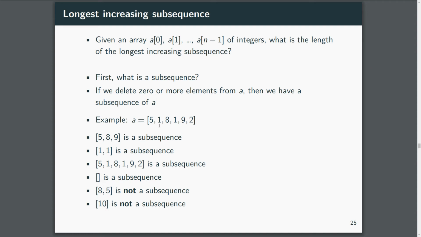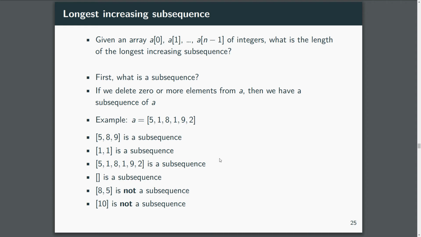So if we choose to delete 1, 1, and 2, then the remaining values are 5, 8, 9, in this order. The order has to be preserved. And then we have that 5, 8, 9 is a subsequence. If we remove 5, 8, 9, and 2, we get 1, 1.